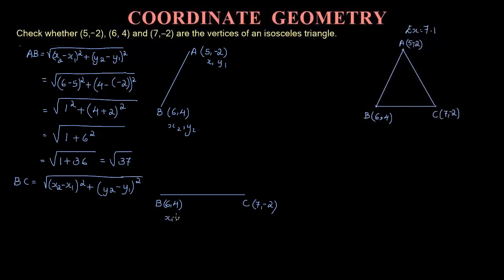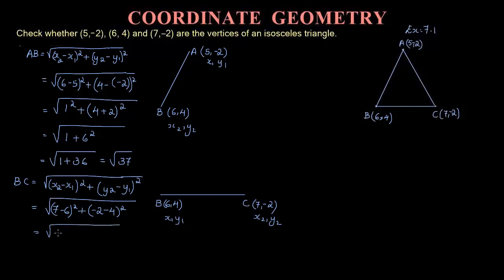So x1 y1, x2 y2. So just substitute now here. 7 minus 6 the whole square plus you have a y2, minus 2 minus this 4, right? So you got minus 2 minus 4 the whole square.